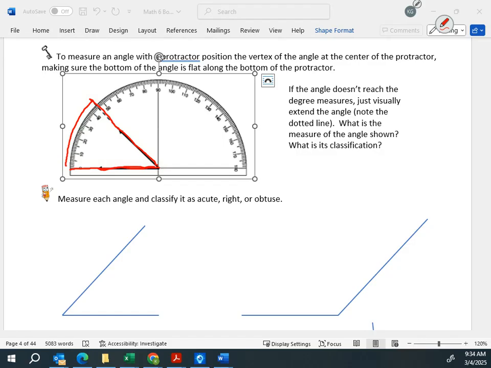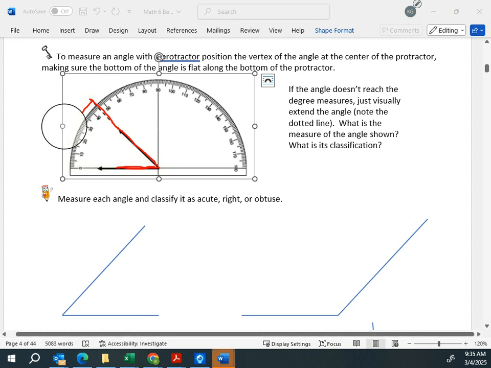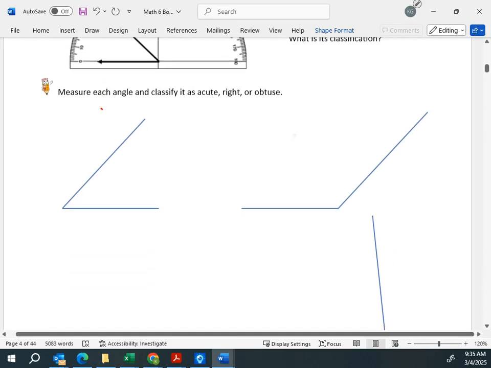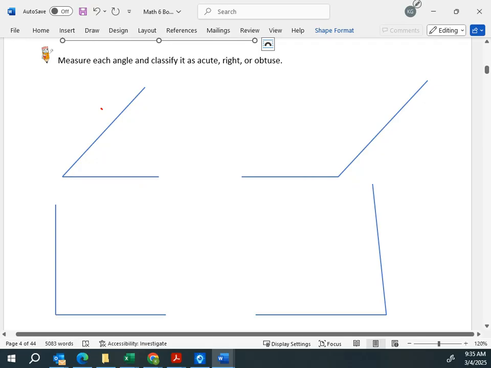So we use the outside number, it depends on which direction your angle is pointing. For this angle, it's pointing to the outside 0, so we use the outside. But if I scroll up and look at this angle, which way is it pointing towards?